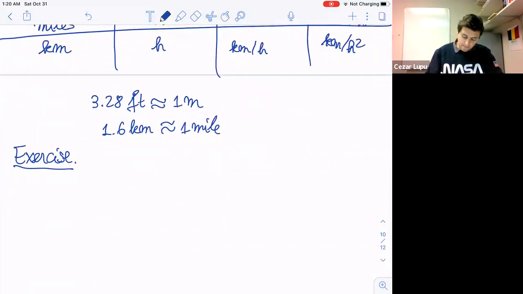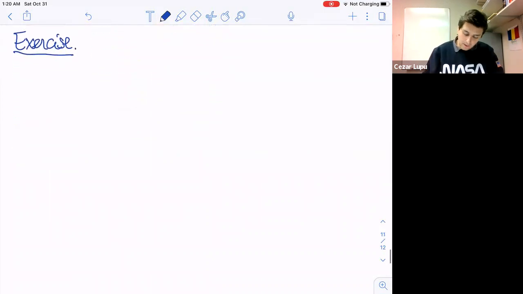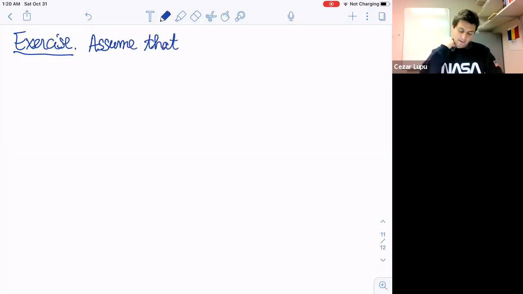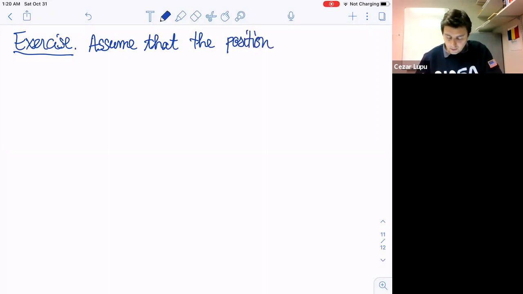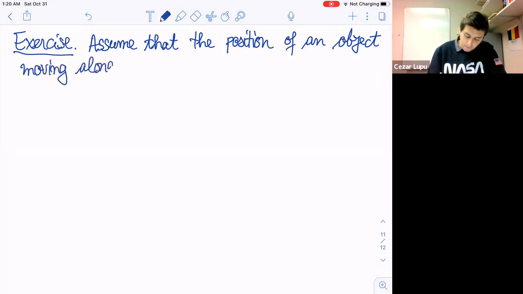So assume that the position of an object moving along a line. When we are told this, it's quite clear what kind of movement this is.